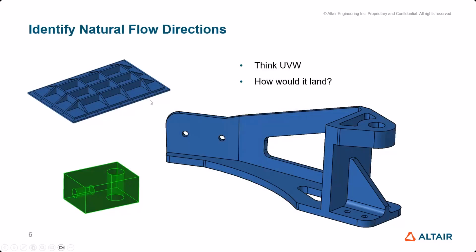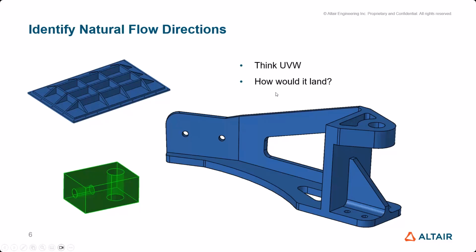The U and V directions are going to be the in-plane directions, and then W is the out of plane, because at its essence, hex meshing is creating a shell mesh on one face of a three-dimensional solid, and then extruding it through, creating elements as it goes. And so you need to think about which direction is going to make the most sense for that to go through. So for something like this, it's very clear.